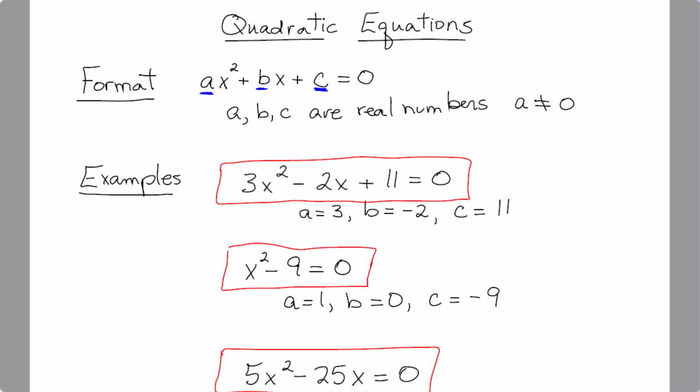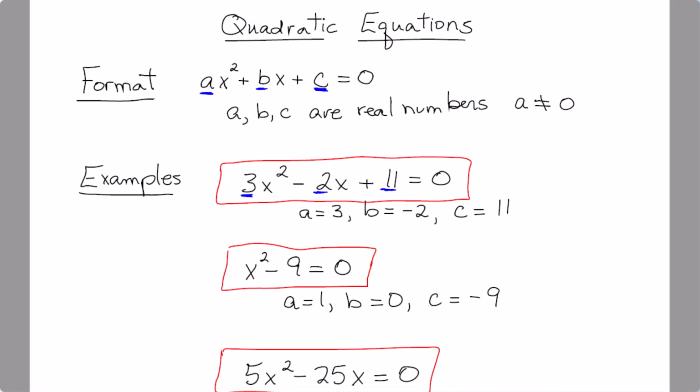So for example, 3x squared minus 2x plus 11. So I'm looking in the front, that's A. B is minus 2, the sign goes with it, and C is 11. X squared minus 9.